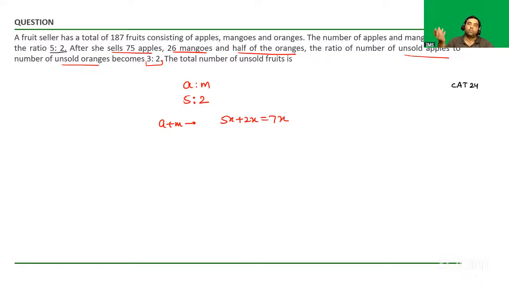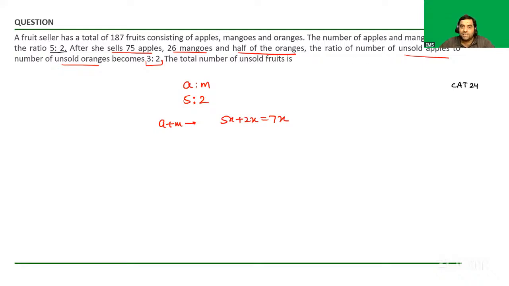Because the ratio is given, obviously I put some variable to this. And then we've got some oranges also, and I know apple plus mango plus orange equals 187. Now, what should be the amount of oranges I should assume? Let's observe it.